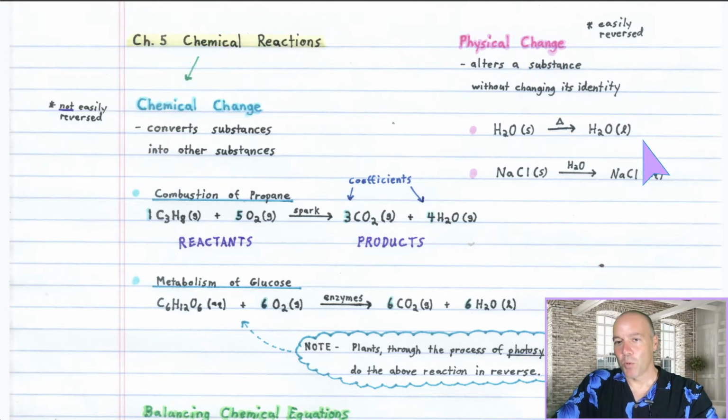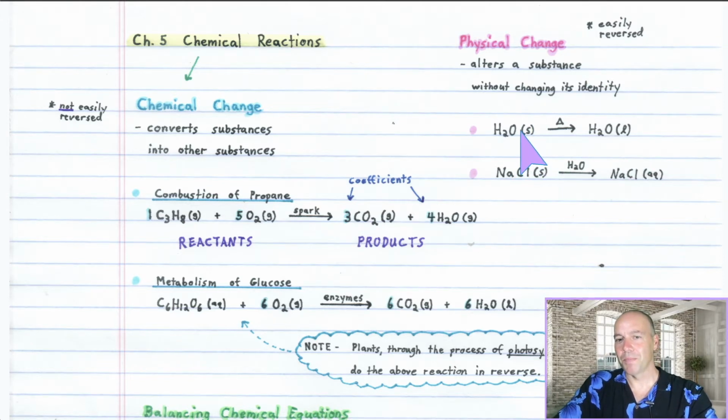Physical changes have pretty simple chemical equations because the substance that you start with is the same as the substance that you end up with. The chemical formulas are the same. It's just the state has changed in this case.